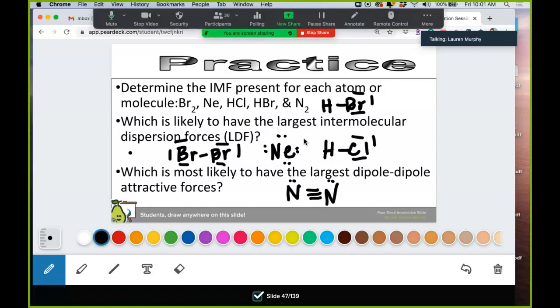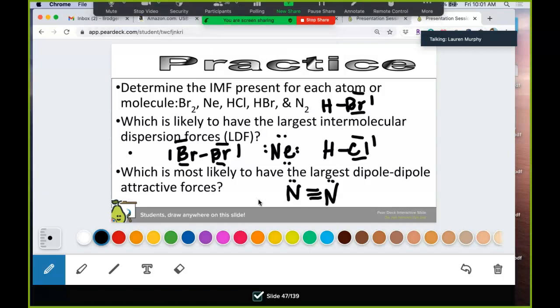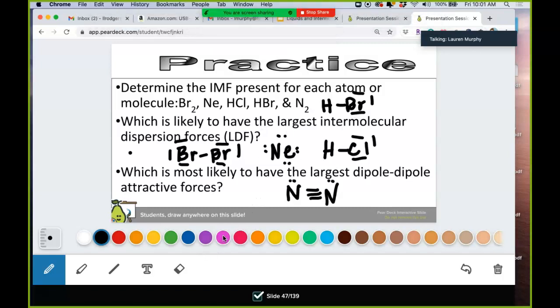So I've gone ahead and drawn them all. Okay. Every molecule or atom has dispersion forces. So they asked you in the first question to pick one which would have the largest dispersion forces.